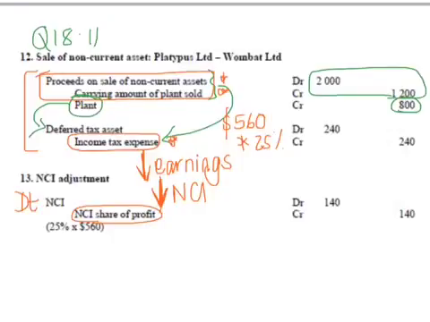Because this is a depreciable asset that has been sold, we also have the knock-on effect that the depreciation, which was calculated on an individual company level, is going to be different from what it should be on a group level, because the plant is carried at two different values.